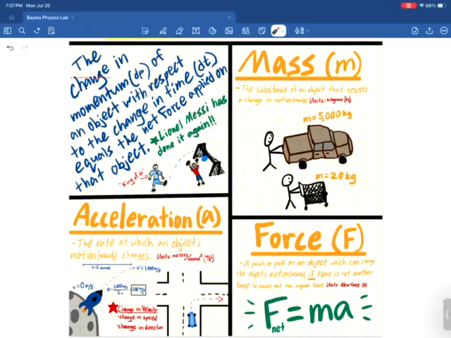Also, simply the fact that it is this large will resist acceleration, and you will have to create a much larger force this way to be able to overcome this resistance to motion, resistance to acceleration.